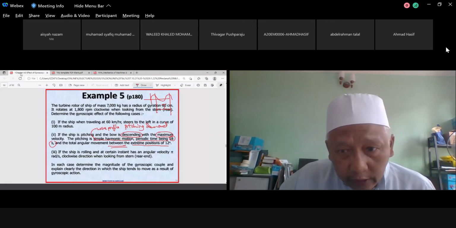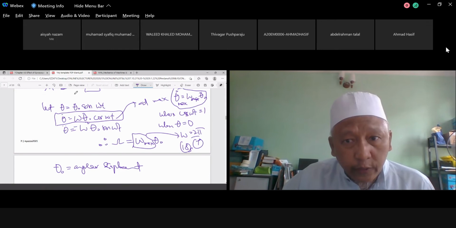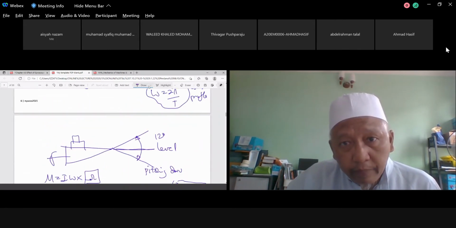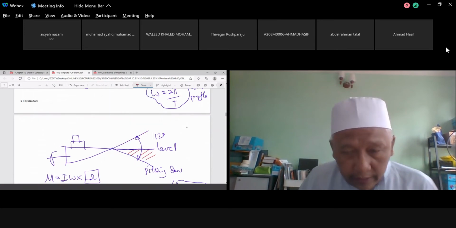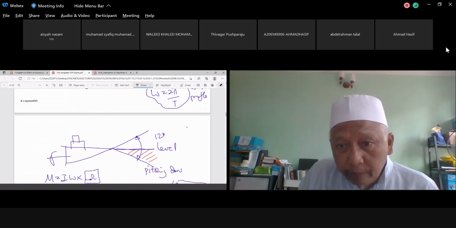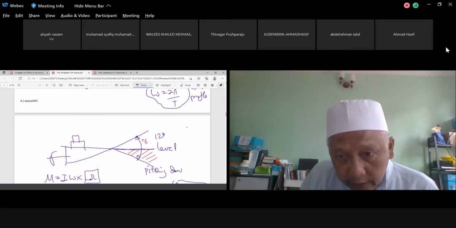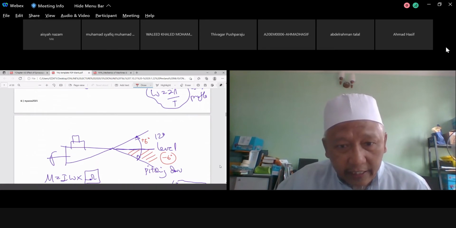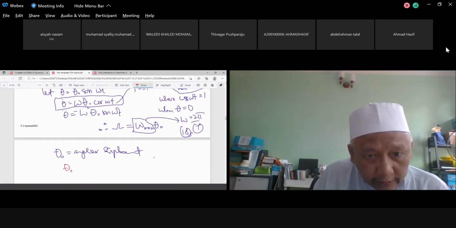So I'm going to go back to here. What is mentioned? Extreme position is 12 degrees. So you have to understand what is extreme. Your concern is only for pitching down, isn't it? So it is not basically 12 degrees, it is basically 6 degrees positive, 6 degrees negative. Then theta naught is basically 6 degrees.